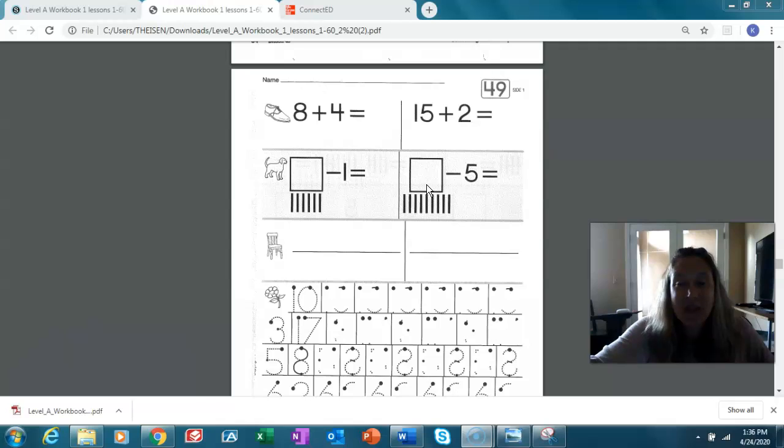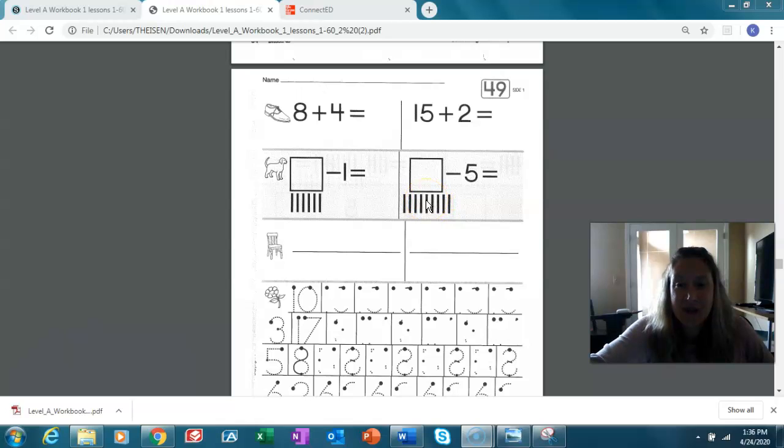Everyone make sure you have the number 9 in the box, and then read how many we're going to take away. It says take away 5. So how many lines are you going to cross out? Yeah, 5. Start here and cross out 5 lines. 1, 2, 3, 4, 5.